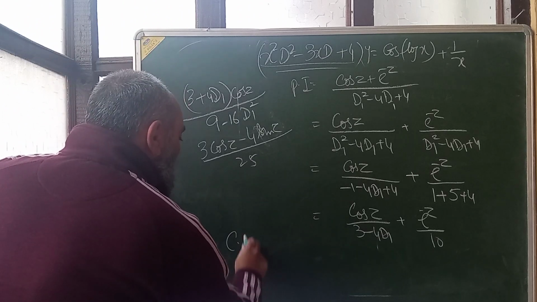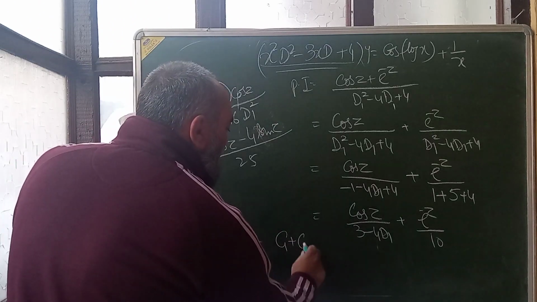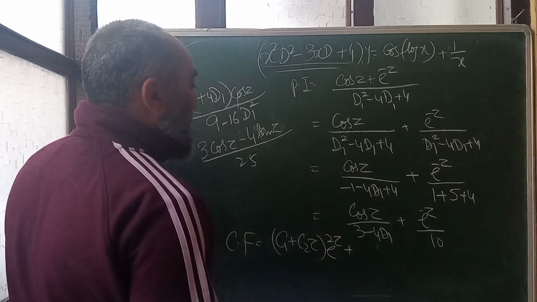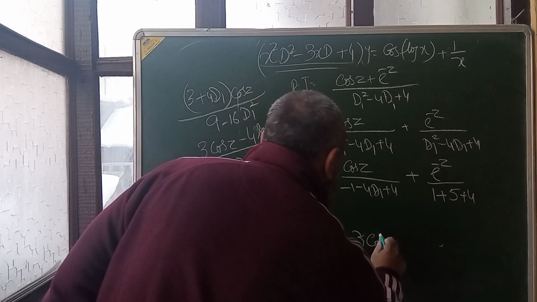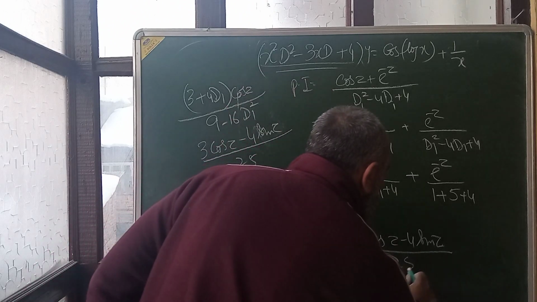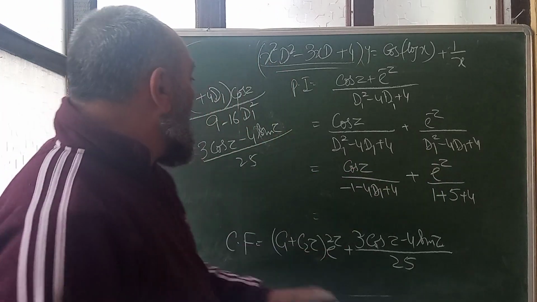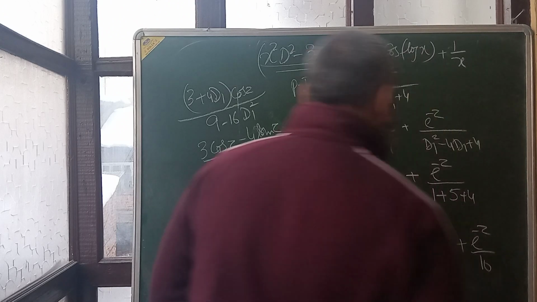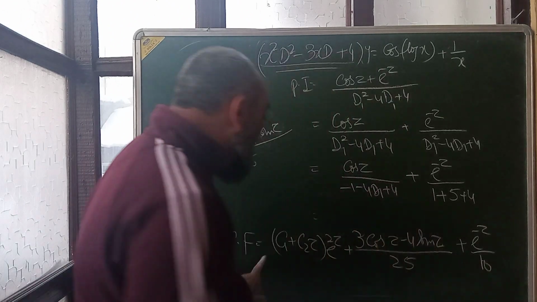So complementary function is (c1 plus c2 z) e raised to the power 2z, plus particular integral 3 cos z minus 4 sin z divided by 25. Is it okay? I have not written this, e raised to the power minus z by 10. Complementary function plus particular integral. This is the particular integral. Now this is in terms of z.